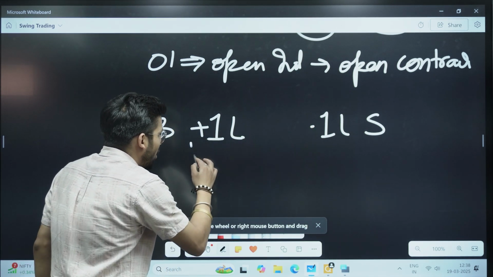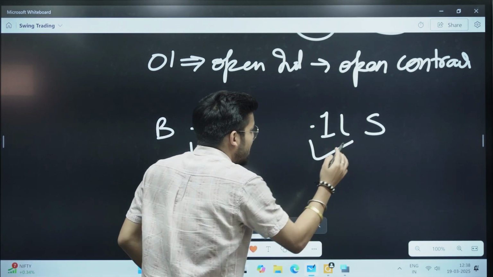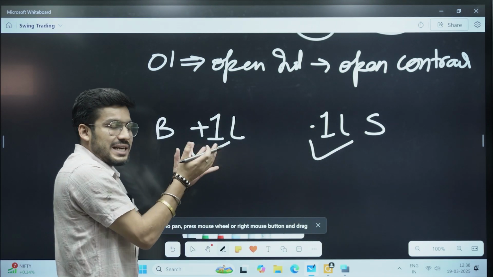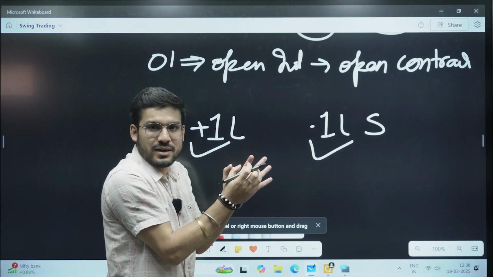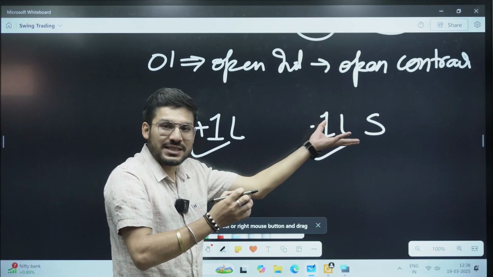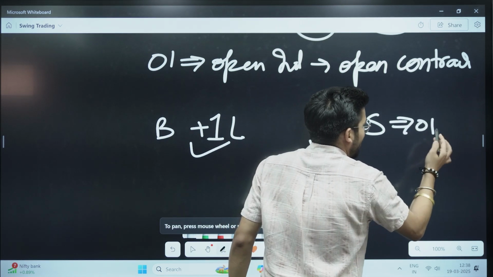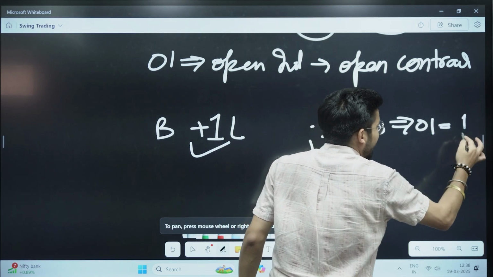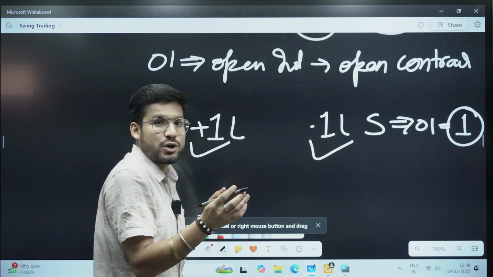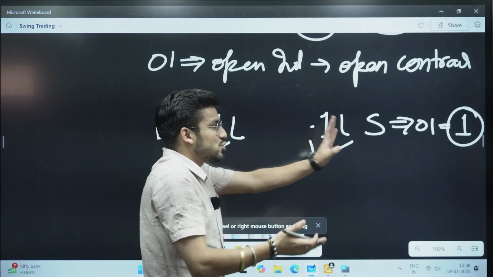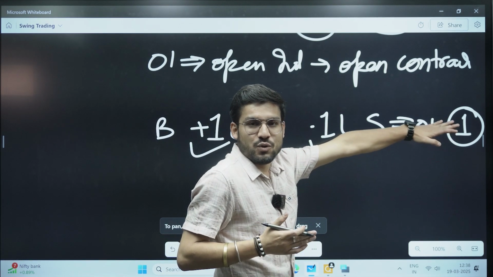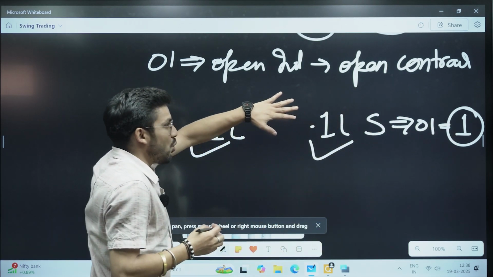So I have bought one lot, the seller has sold one lot. Now you can see we are trading on the same contract. I'm buying it and someone is selling it. So it means the open interest OI or open contract will be 1 but not 2, because we are trading with the same contract. So this is your open interest.